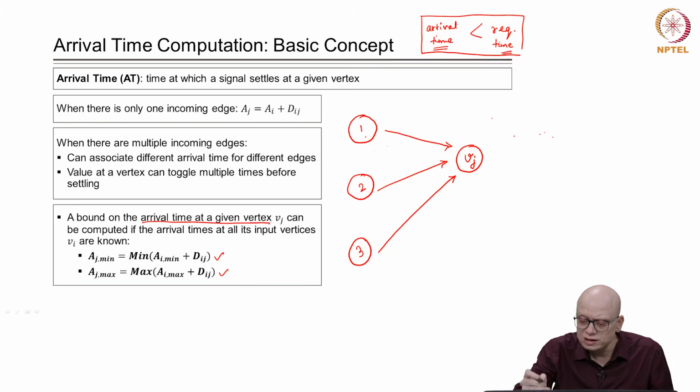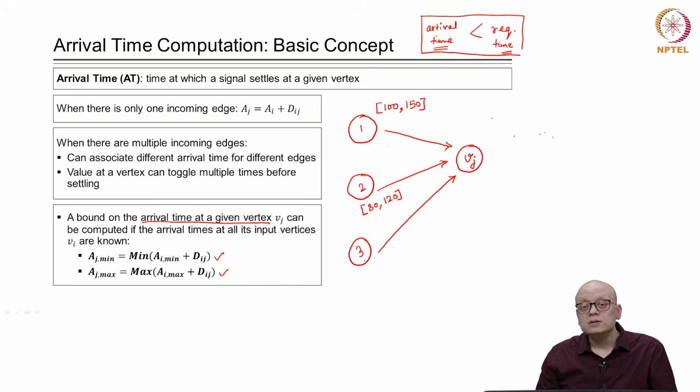On vertex 1, let the bound be, say, the minimum arrival time is 100 and the maximum is 150. For the second vertex, let's assume that the minimum arrival time is 80 and the maximum arrival time is 120.